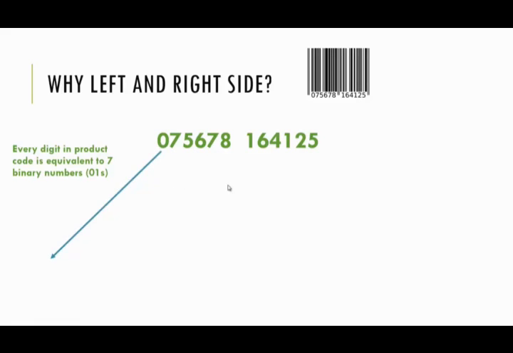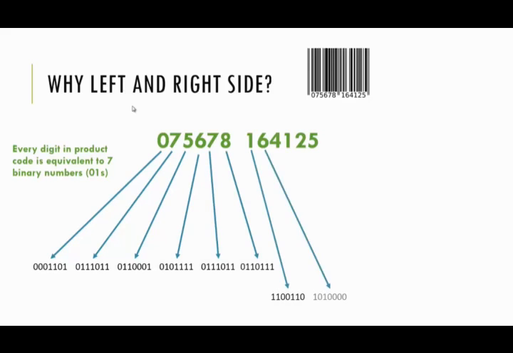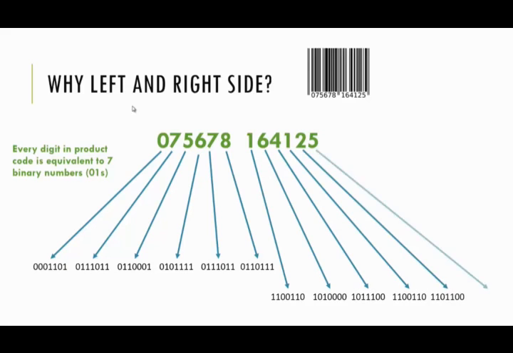Now, 0 has 7 binary numbers. You do not need to remember this pattern, the binary number of 0 and other digits. I'll show you how we are going to change it. And 7 has its own 7 binary numbers, and then the other numbers 5, 6, 7, 8, 1, 4, 6, 4, 1, 2, 5.